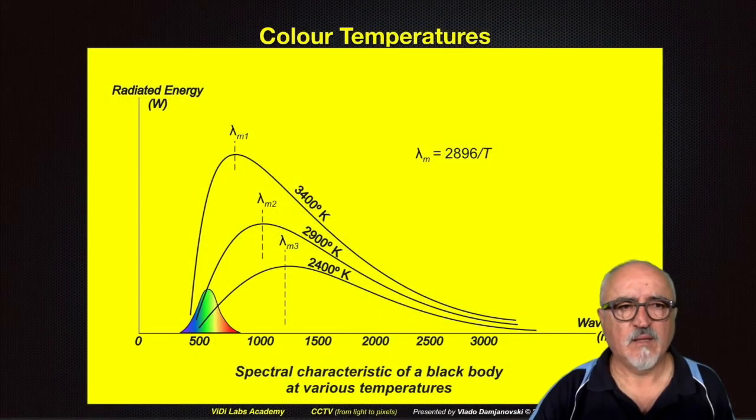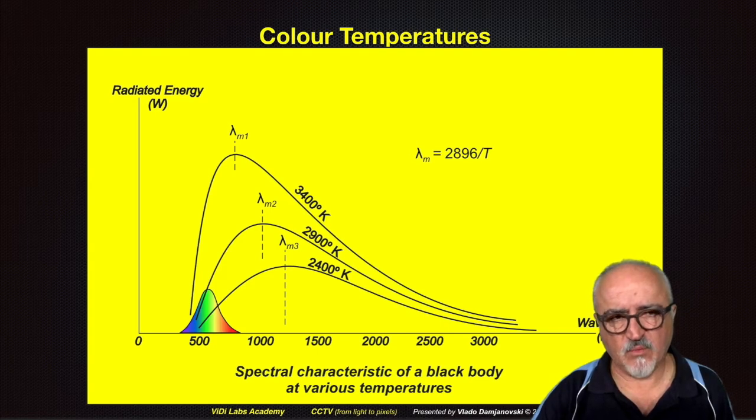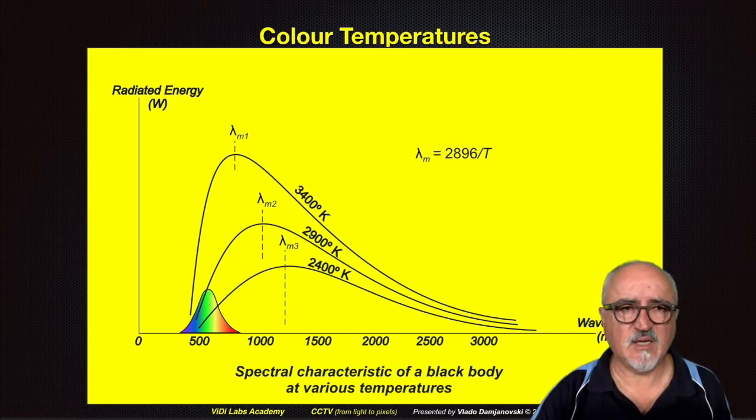So in CCTV, one of the problems that we have as opposed to human eye operation is that the camera does not have understanding of what source of light you're using. So engineers had to design automatic white balance correction.